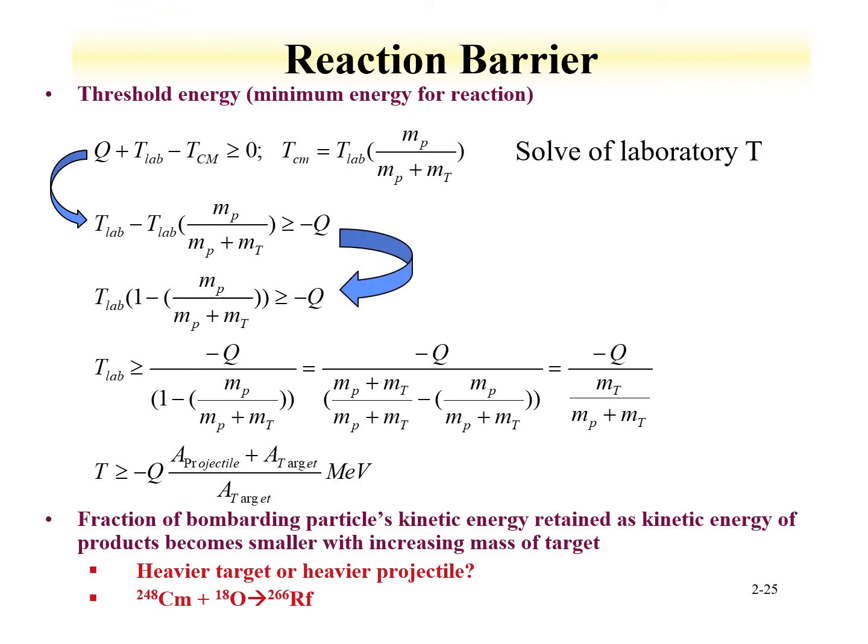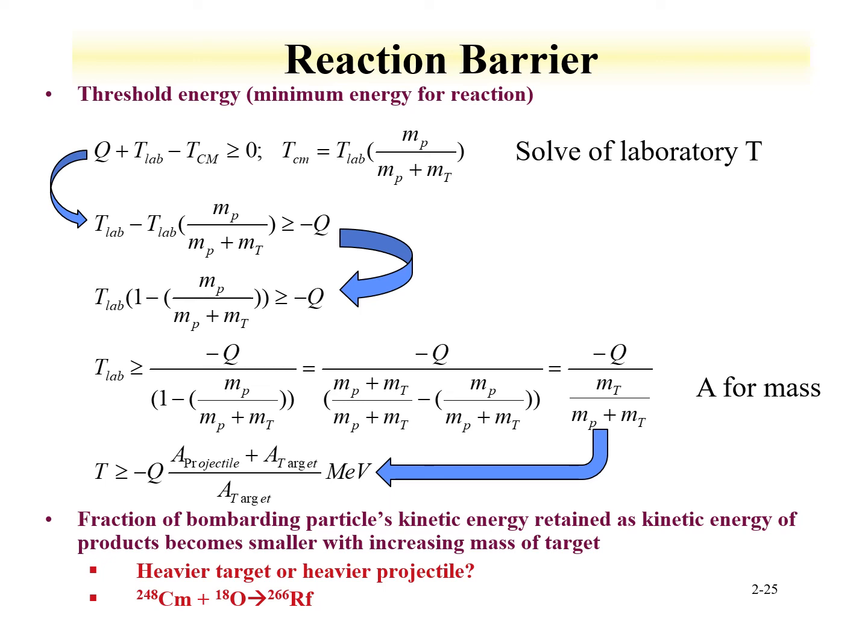Now we can rearrange this equation and solve for what the kinetic energy of the laboratory must be greater than. We get to this equation here. We rearrange. We substitute the mass for A, which is a good, reasonable substitution.